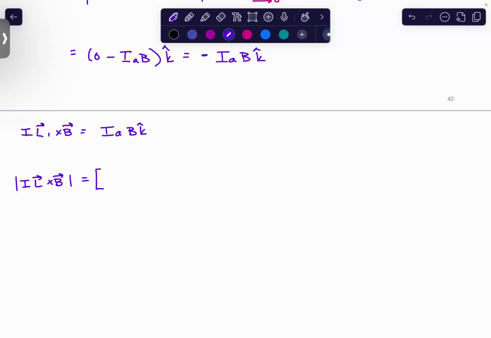So if you notice, we have 0 and 0 for the X and Y. So we had the magnitude of this force vector.